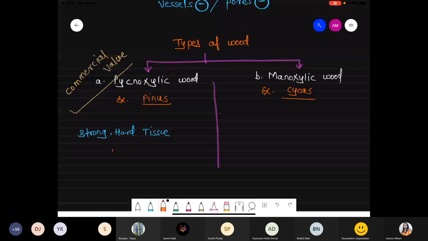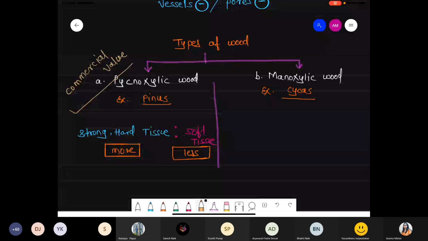And when you compare this with the soft tissue, it is present in less amount. So normally यहाँ पे क्या हो रहा है? Strong and hard tissue is present more, and soft tissue is present in less amount. That's why such wood is good quality, because strong hard tissue is present in high amount.